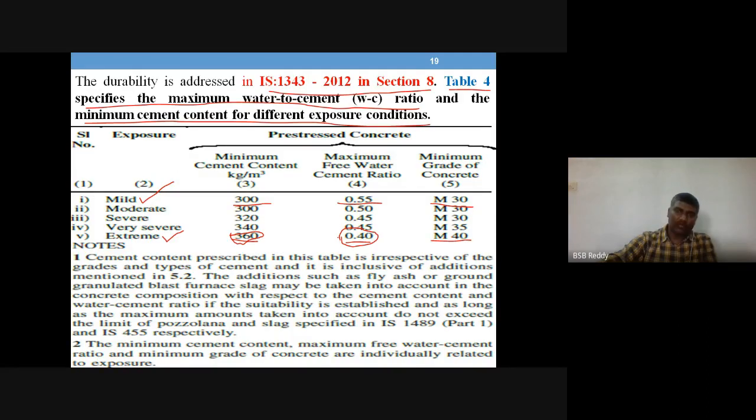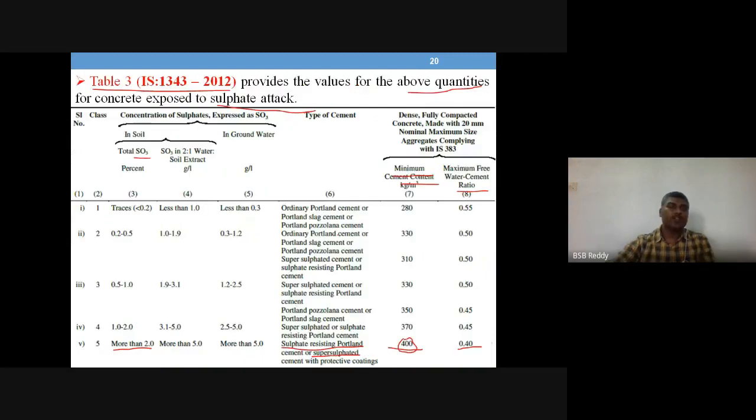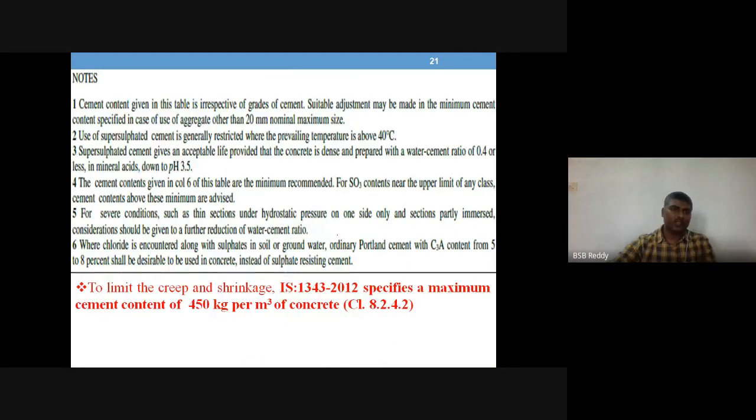And Table 4 of the IS code will give you, for different exposures, what shall be the grade of concrete, the minimum cement content present in the concrete, and also the maximum water cement ratio limitation. These are all to take care of the durability concerns of the concrete.